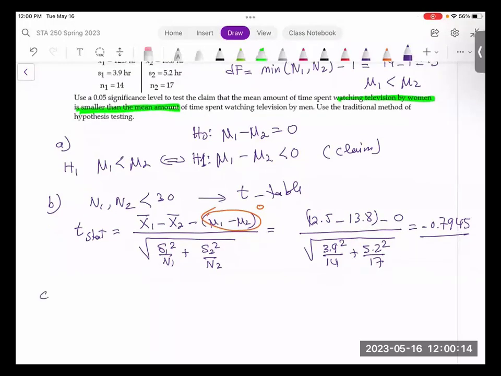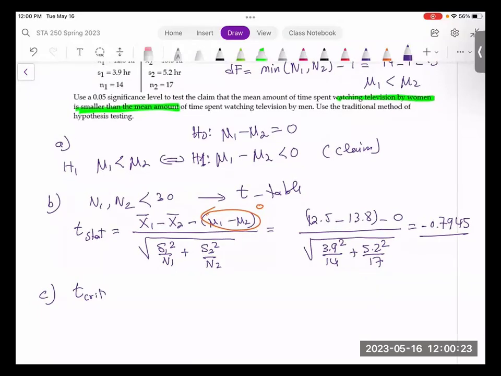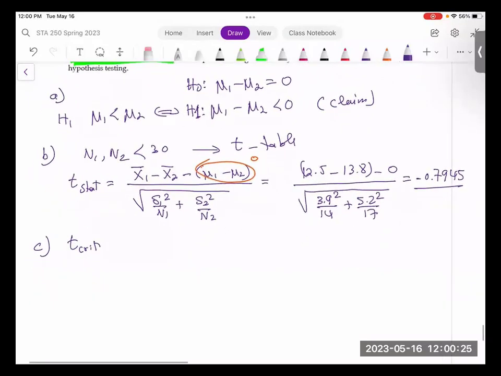See what we're going to look for. The T critical. So for the T critical, what I need is my statements, the H0 and H1, right? So I need actually H1 only. So 0 is over here. If I'm going to do mu1 minus mu2 less than 0, am I going right or left?